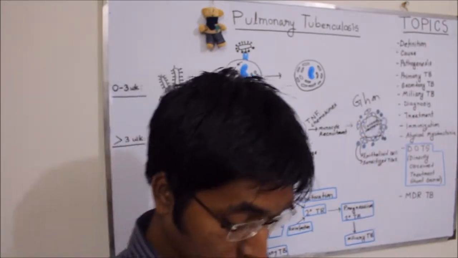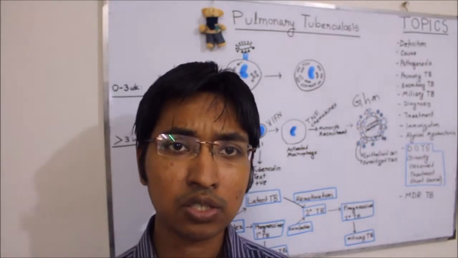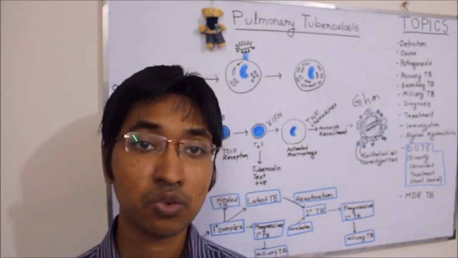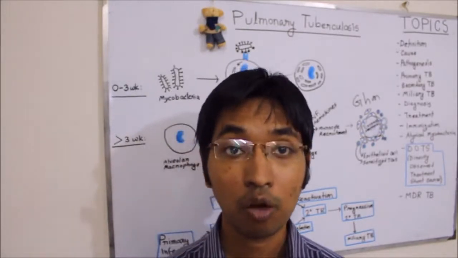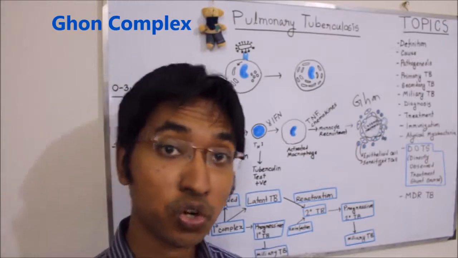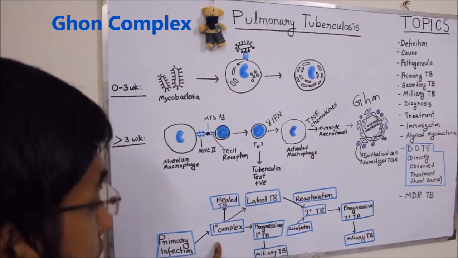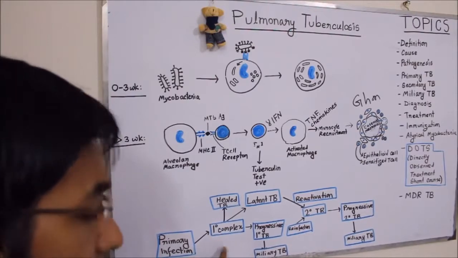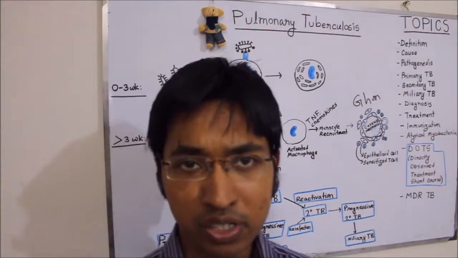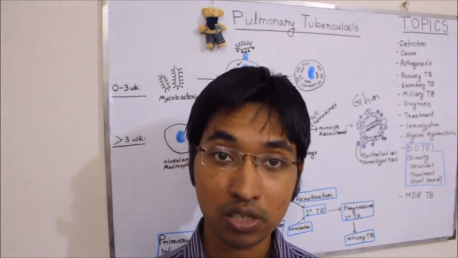And later there will also be lymph node involvement, and Ghon focus along with the nodal involvement is referred to as Ghon complex. As you can see, I have also drawn a simple flowchart here. So this is primary infection, and then there will be primary TB. Now what will be the fate of primary TB? In most cases, the primary TB is contained.